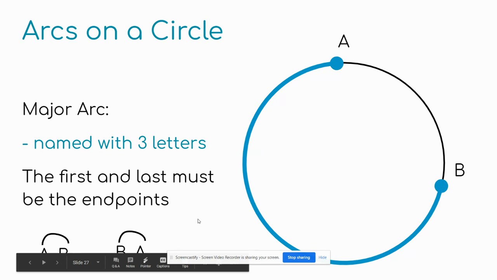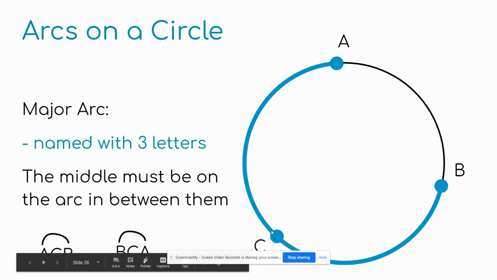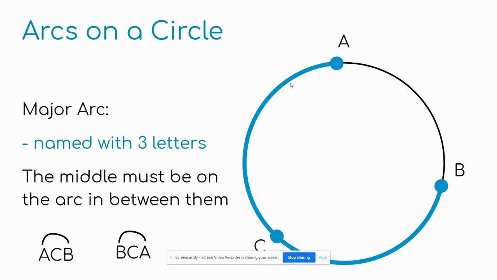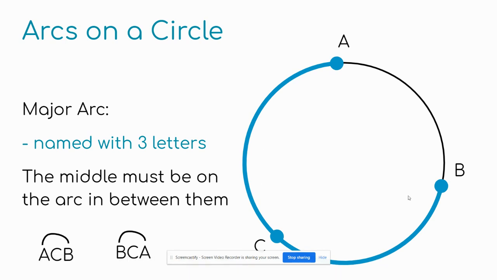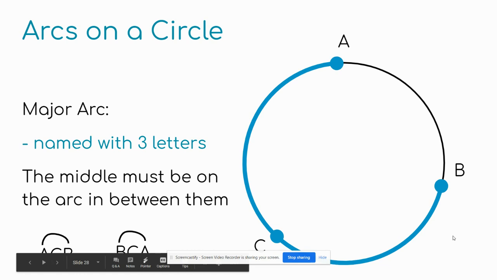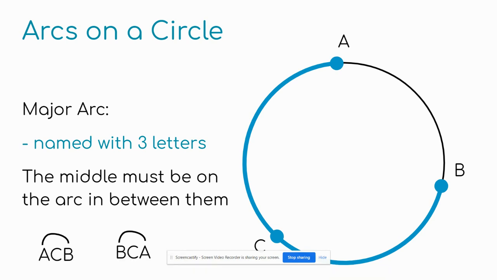The way we're going to find that is we're going to put a point somewhere on this arc. So I'm going to put a point down here, name it C. I could have put it here, could have put it here, could have put it here, anywhere on the arc. And we're going to put that letter in the middle. So we can name this arc ACB or BCA.